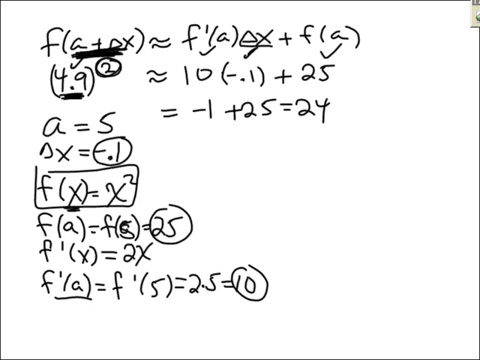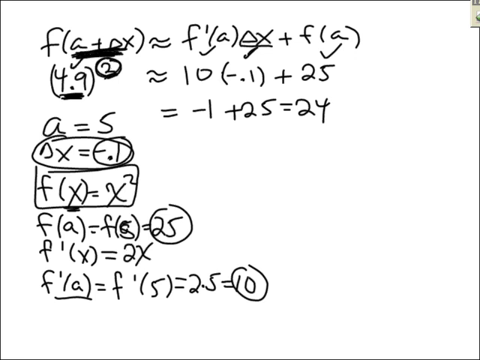Okay, so since delta x was a little bit smaller than before, maybe we'll get a closer answer. But keep in mind, this time we're squaring, so errors grow more rapidly than when we were taking square roots earlier. Okay, so let's see what my calculator gives me.